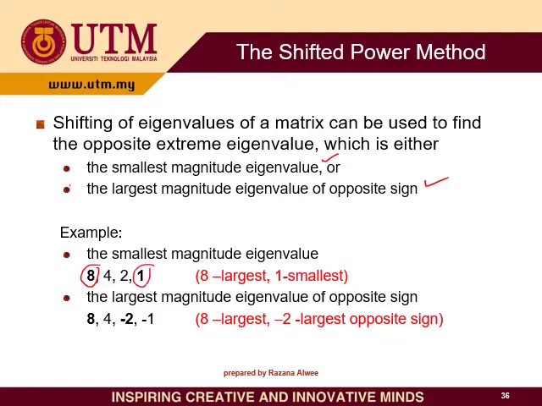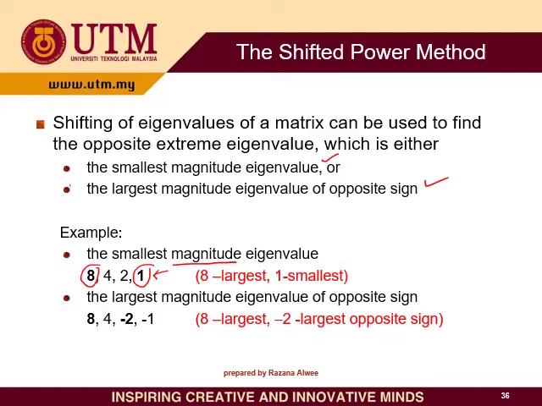So if you are using the shifted power method, you can find the eigenvalue for the smallest one, which is 1. In this case all positive, so this is the smallest one. If all negative, you can also find the smallest magnitude. Remember, magnitude is the smallest number, okay?